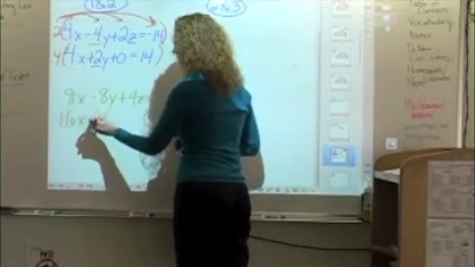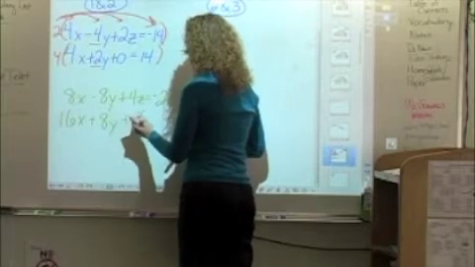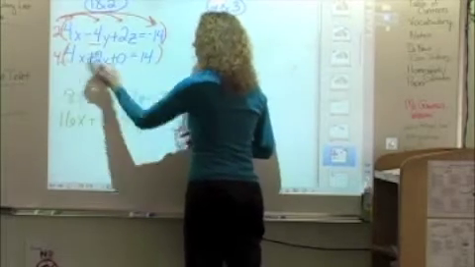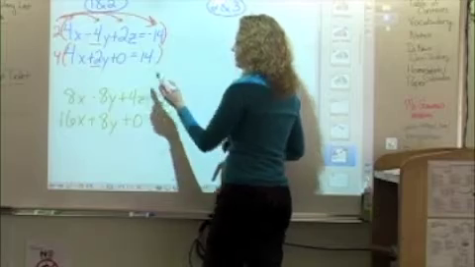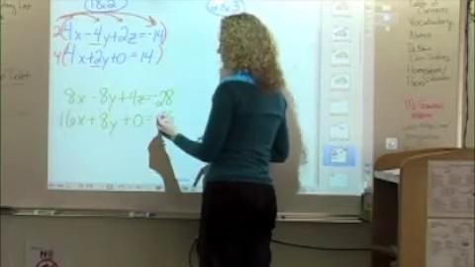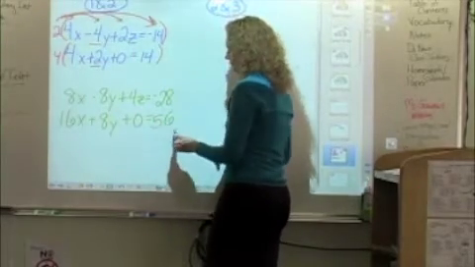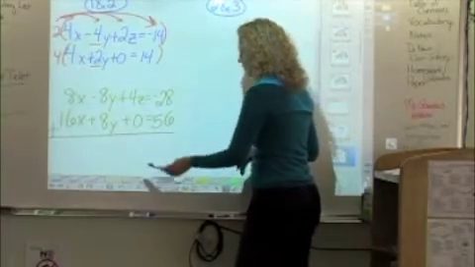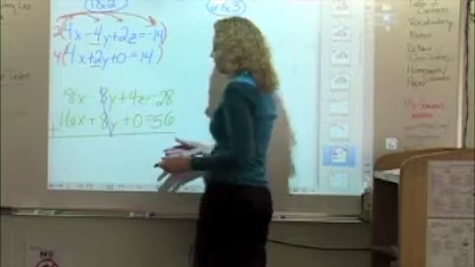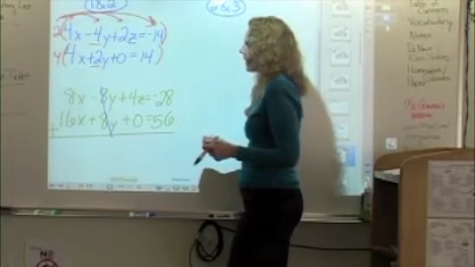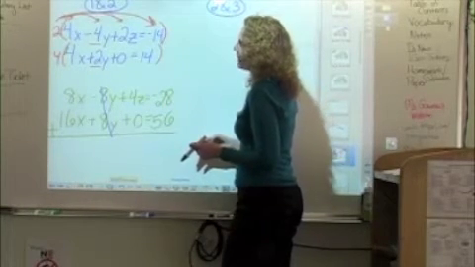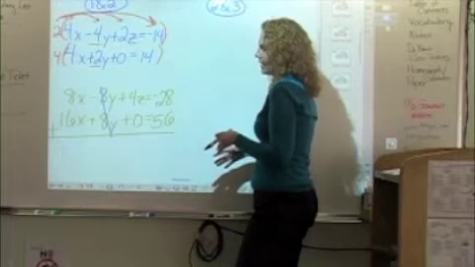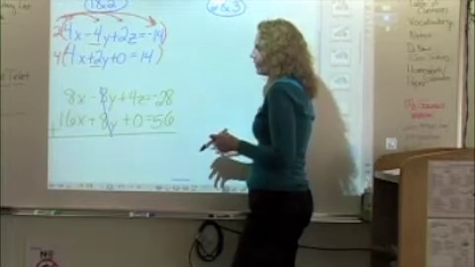16x plus 8y plus 0 equals 4 times 14. 4 times 4 is 16. Carry the 1 to make that a 56. Now when I add up my systems here, you're going to see that the y's are zeroing out. And now I'm looking at my x's and my z's and then the value.